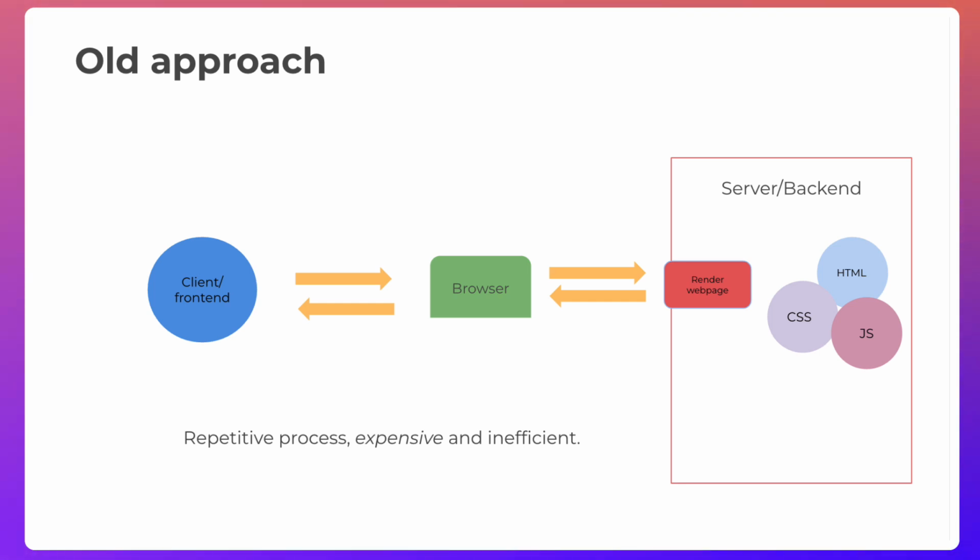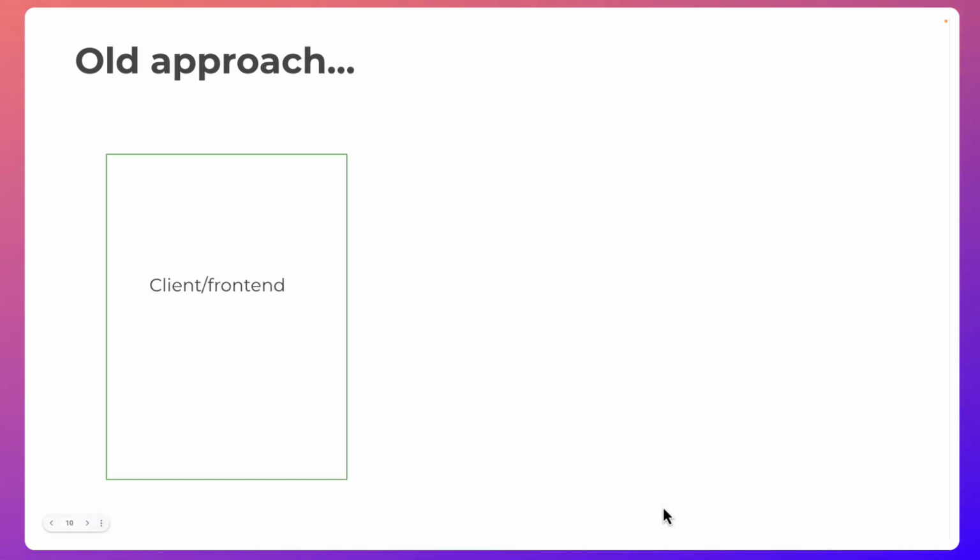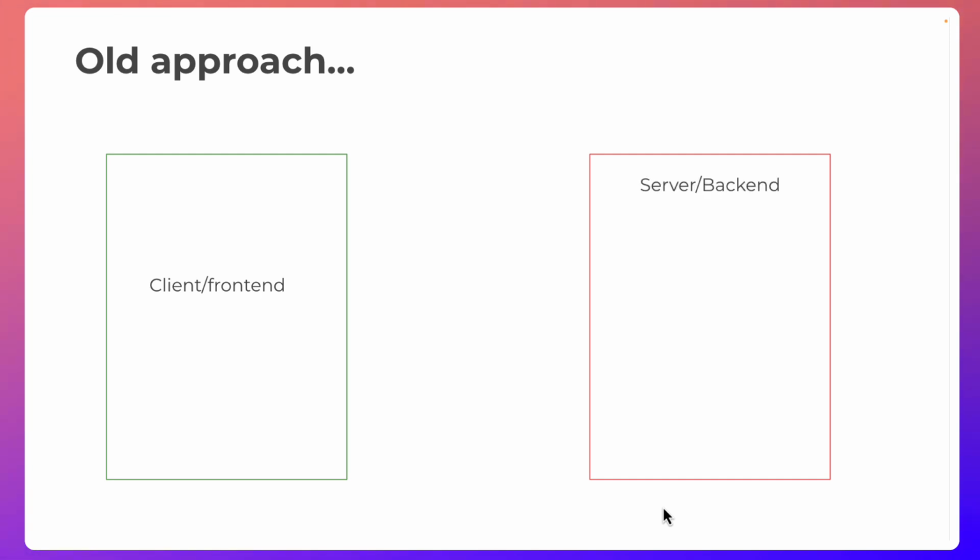So as web applications grew more dynamic and interactive, this approach struggled to maintain a smooth user experience and efficient data updates. It's very expensive, meaning it's just very inefficient for the reasons that I've just discussed. Essentially, in the first request, we have the client, which is the front end, and the server, which is the back end.